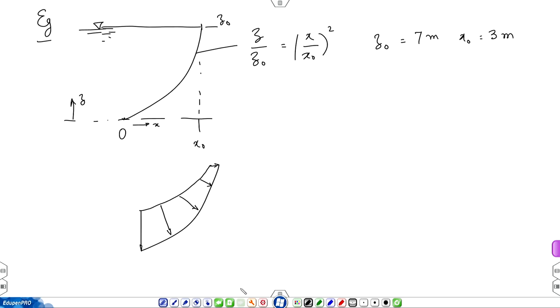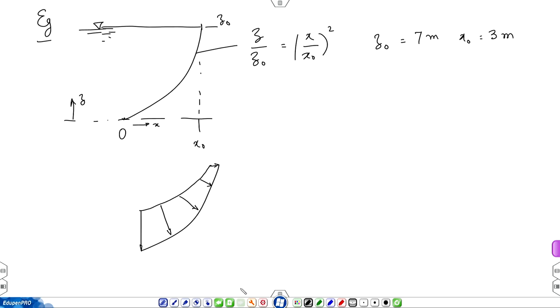Okay, so one approach, the long hand approach, is to parameterize this parabola in terms of some angle, like we did for a circular boundary. That is one approach, or we can use the result obtained last time. So, this is a very powerful application of that result. What was that result? That the vertical force will just be the weight of the liquid column above, and atmospheric pressure again cancels off, assuming it is atmospheric on the right as well as above the free surface, atmospheric pressure being constant over the domain being analyzed.